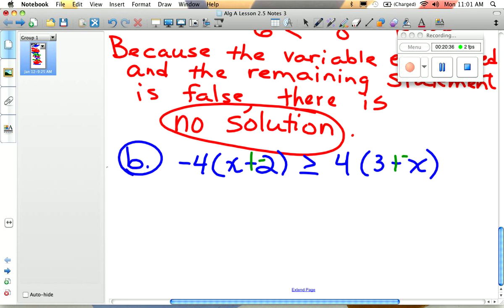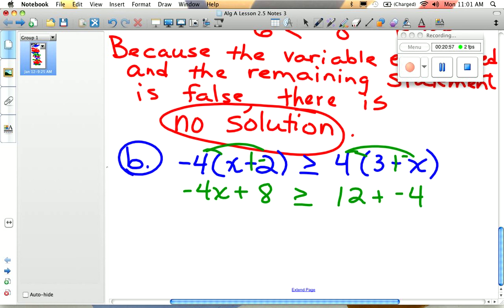And then you're going to do distributive property on both sides. So on the left side, we're going to end up with negative 4x plus what? Positive 8 is greater than or equal to 12 plus negative 4x.